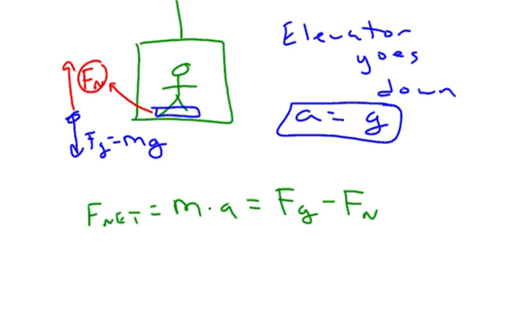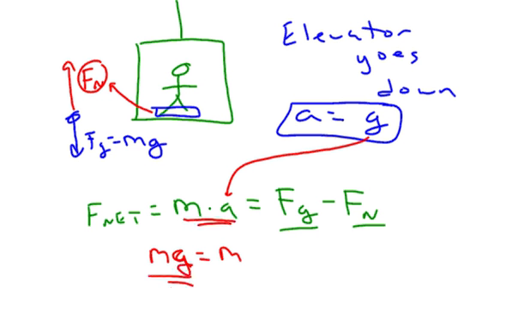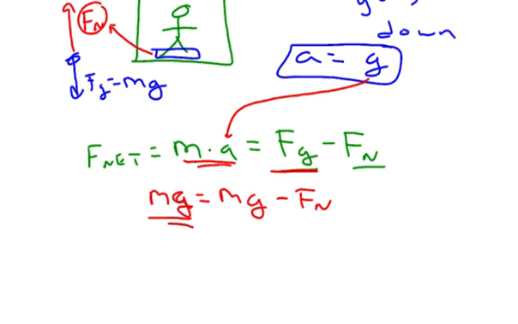Again, thinking about their magnitudes. So doing a little bit of simplification, we get that ma equals, and this a is g, so that's mg, equals the force of gravity, which is mg, minus Fn. Solving this, we get that Fn equals 0.